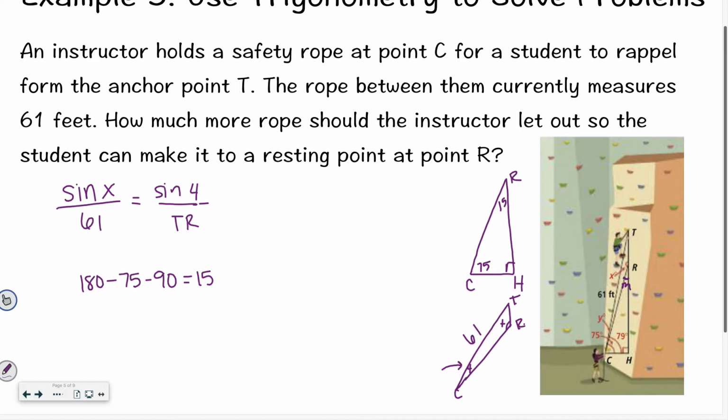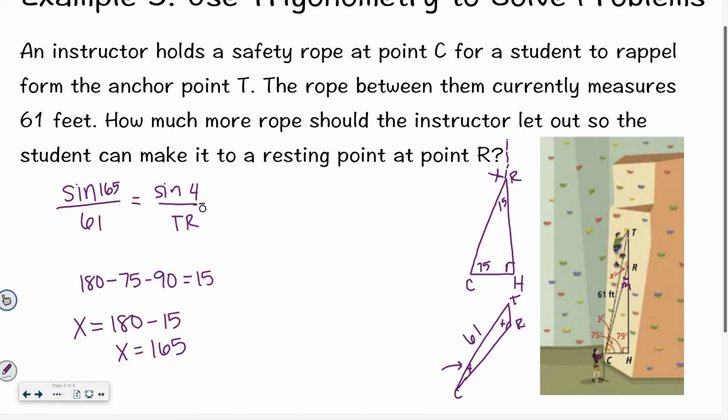And then x is supplementary with that angle, so I would say 180 degrees for supplementary minus the 15 degrees that was already taken, because here would be x. So 180 minus 15, x equals 165. So I'm going to replace that x with 165.